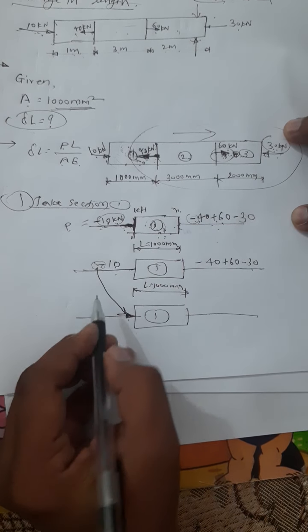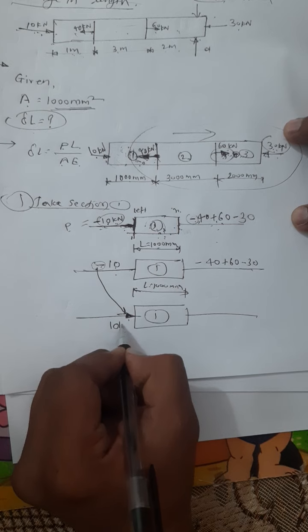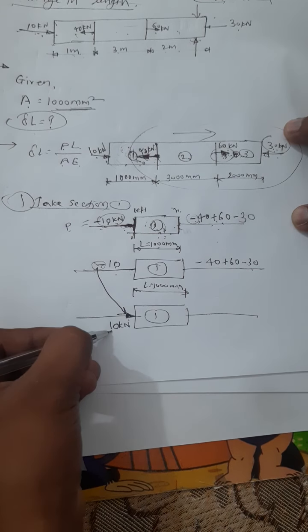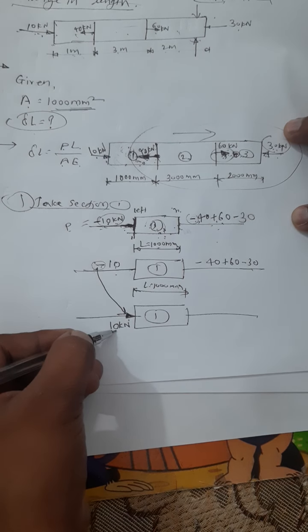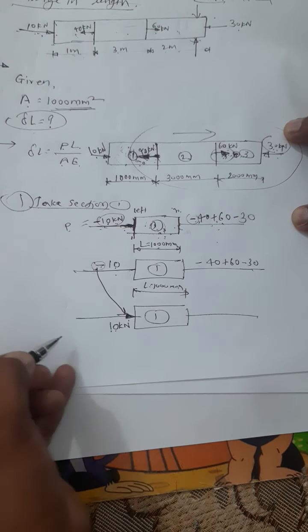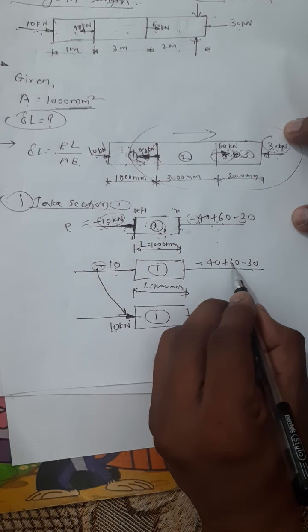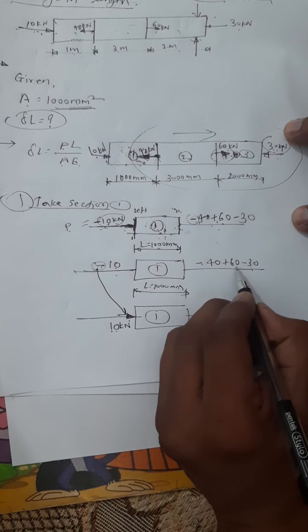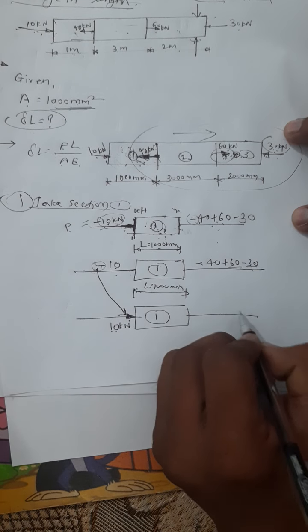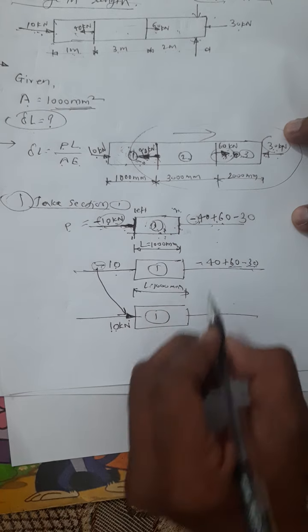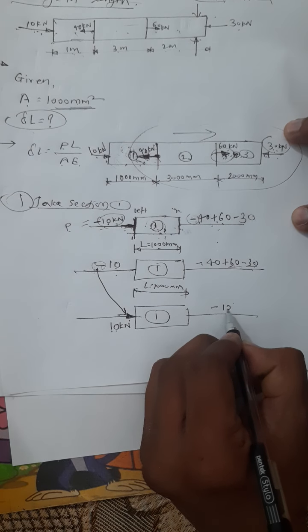So it remains 10 kilonewton. Minus means pushing force, so it becomes a pushing force of 10 kilonewton. Direction is pushing. Next, minus 40 plus 60 minus 30. So 60 minus 30 is 30. 30 minus 40 is minus 10.